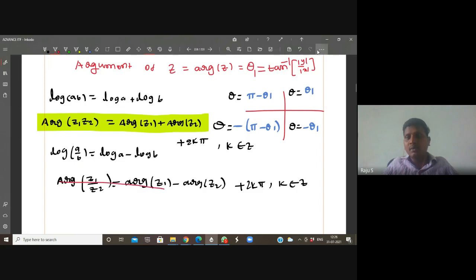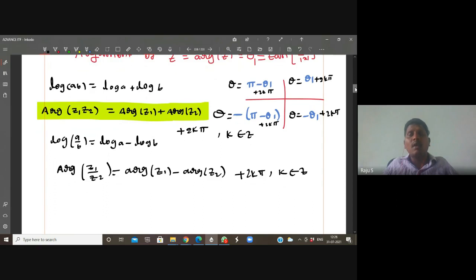What is the general argument? Yesterday we discussed. General argument is given by theta 1 plus 2k pi. Just adding 2k pi. For every principal argument, we can add 2k pi, k belongs to Z. That argument is called general argument. It means the values repeat on a complete rotation; again it becomes 0, 360.